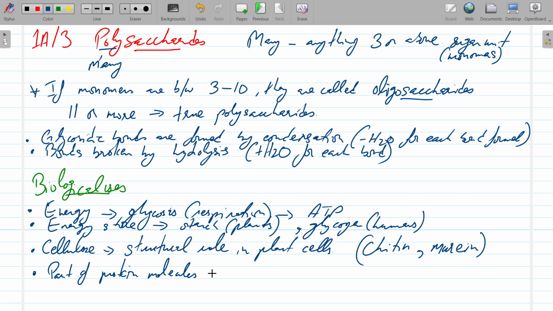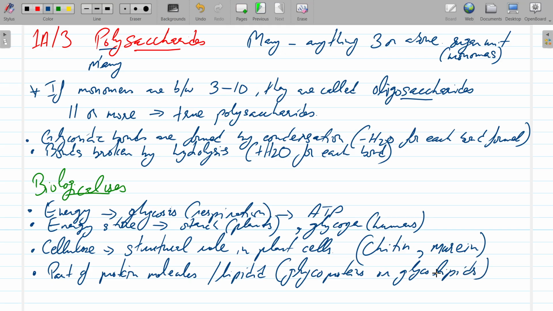So in the cell surface membrane, you've got proteins that act as receptors or other functions, and protein molecules or lipid molecules, and they have various biological functions in different situations.